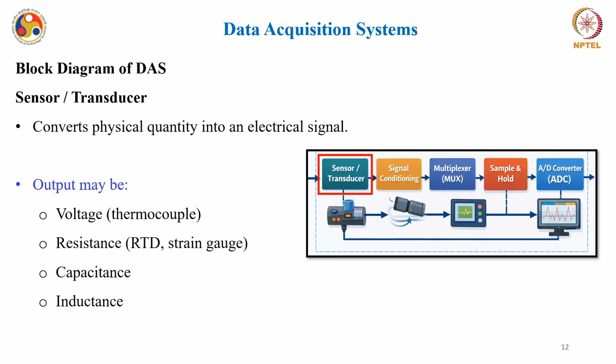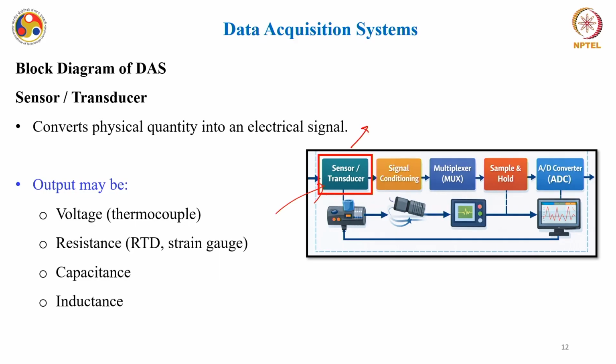Now, as I was mentioning earlier, this is the first stage. We have discussed the sensors and transducers used in this system in more detail. This will convert any physical quantity into some electrical signal, and the output can be, depending on what kind of transducer it is, voltage, resistance, or variation of capacitance or inductance, depending on what system I am using.